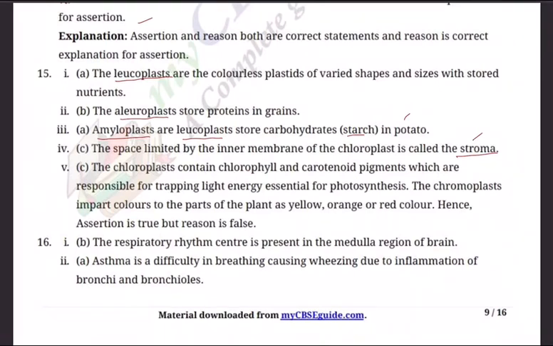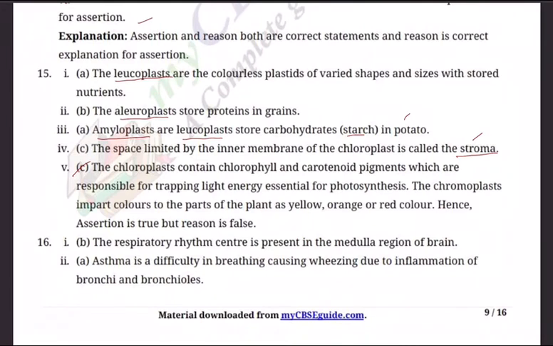It is obviously stroma. Question 5, assertion and reason. The chloroplasts contain chlorophyll and carotenoid pigments which are responsible for trapping light energy essential for photosynthesis. That is the assertion. Reason: they also impart colors to the parts of the plants as yellow, orange or red color.